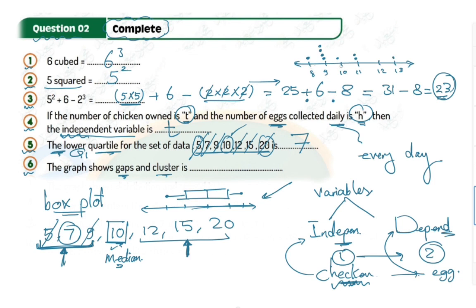The dots beside each other, we call a cluster, and the empty space here, we call a gap. So a cluster is a group of dots beside each other, and a gap is empty space without any dots. So gaps and clusters appear where? At the dot plot.